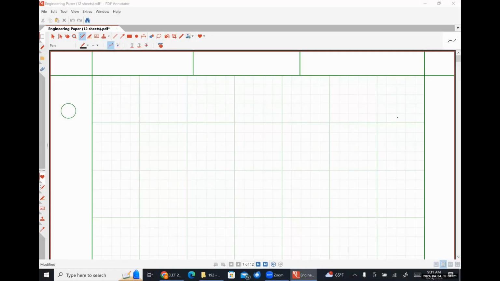All right, so we're still talking about the common emitter amplifier high frequency response. You just draw the circuit here really quickly.